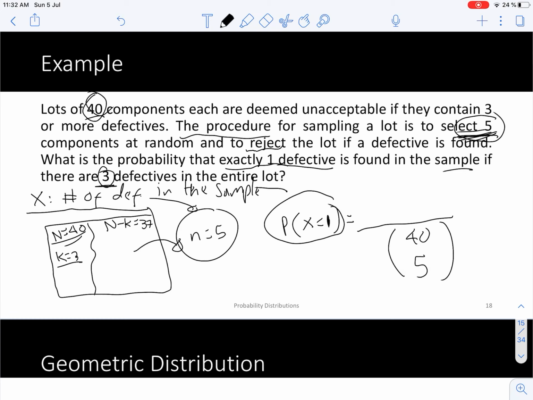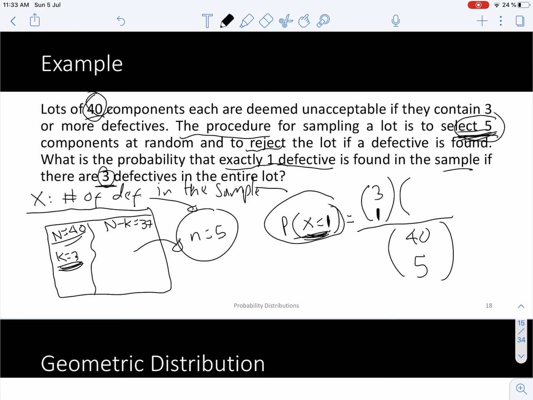Then to find the number of points in which we get exactly one defective, we use the number of defective in the entire lot. We know that there are k, or 3, defective products. Number of successes, so from those k products we're going to pick x, right? So we take 1, that's our x. So from k we take x.